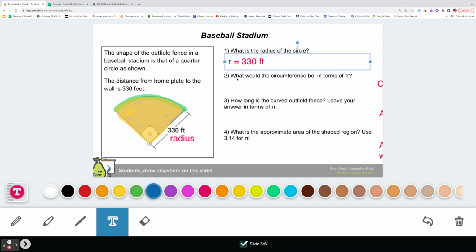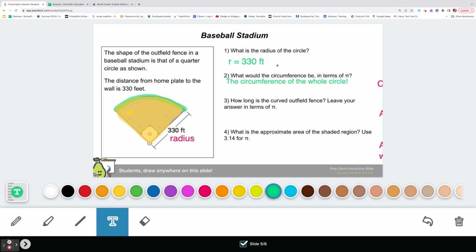So then it says, what would the circumference of the whole circle be, right? When we talk about circumference, we're talking about the circumference of the whole circle. Otherwise, we would use the word arc length.